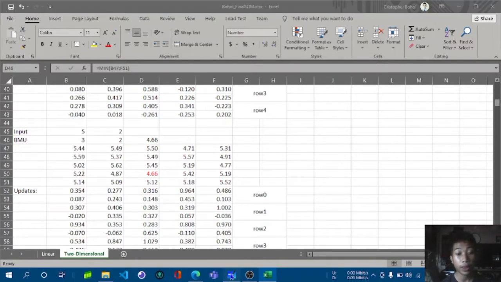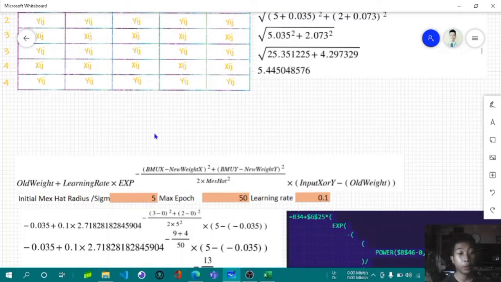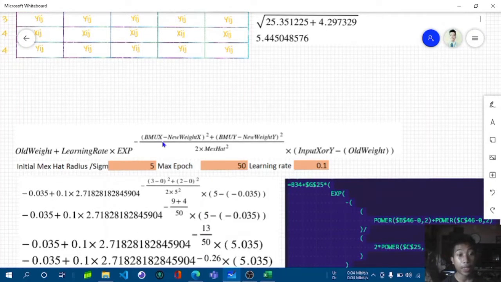In order for us to do that, we need to use this formula, which is old weight plus learning rate times exponential function raised to the power of negative best matching unit x minus new weight x, which is the index of the weight itself, then squared plus best matching unit y minus new weight y, or the new index for the y value, squared divided by 2 times Mexican hat squared times input x or y, since we need to solve for each weight, weight x or weight y, minus the old weight.